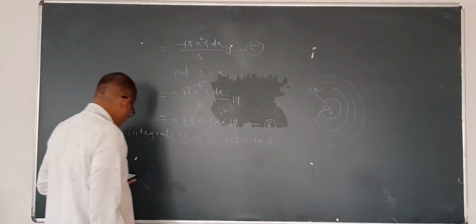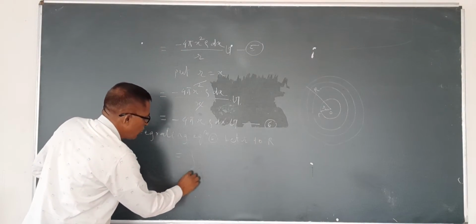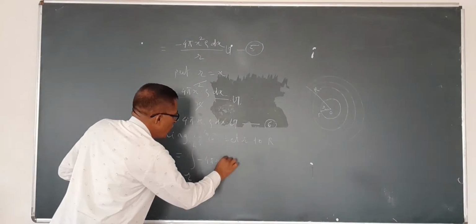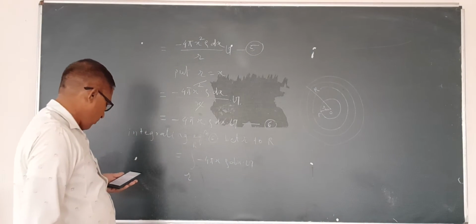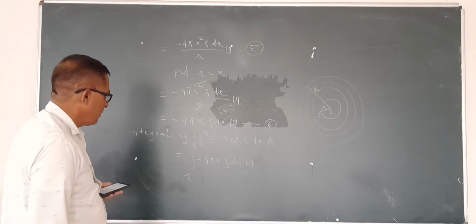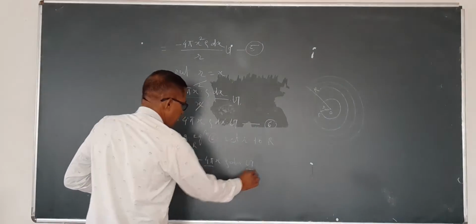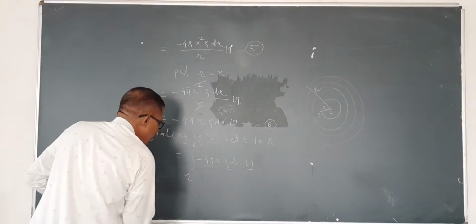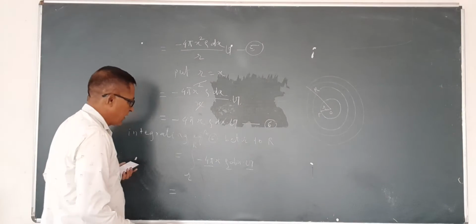Now, we can write it like this: integration from r to R of minus 4 pi x rho dx into g. In this equation, the 4 pi, g and rho are constants. Therefore, we take these constants outside the integration sign.